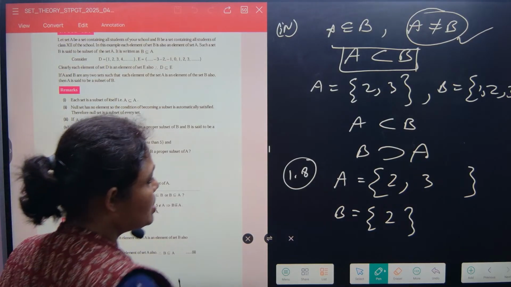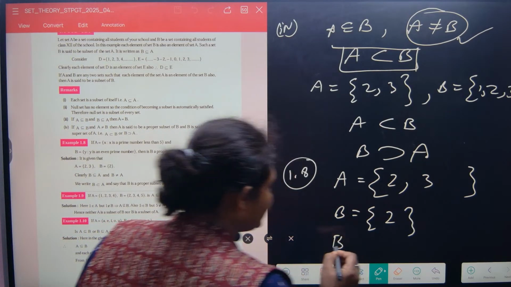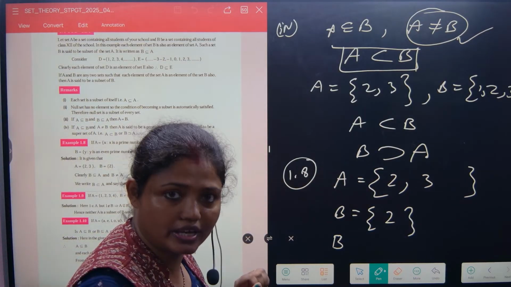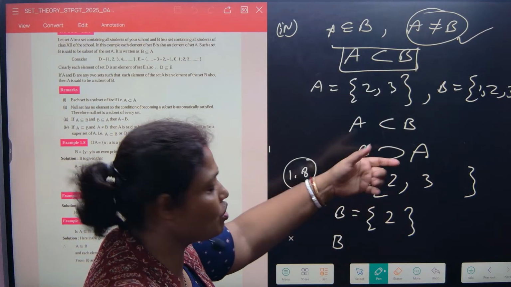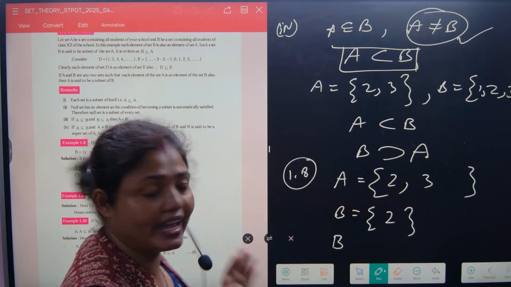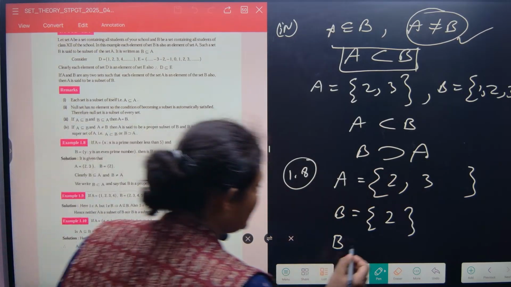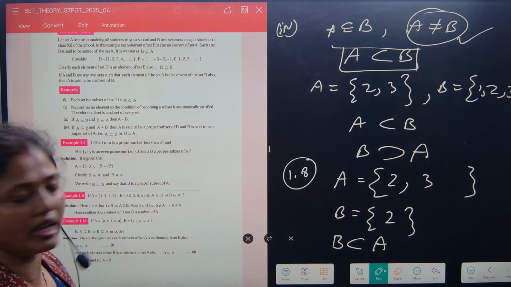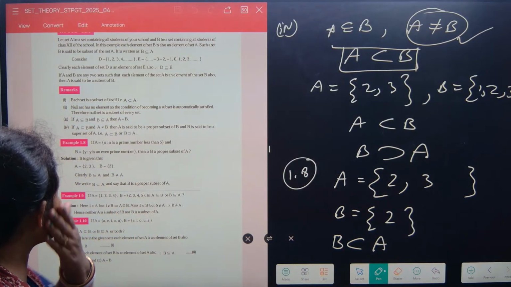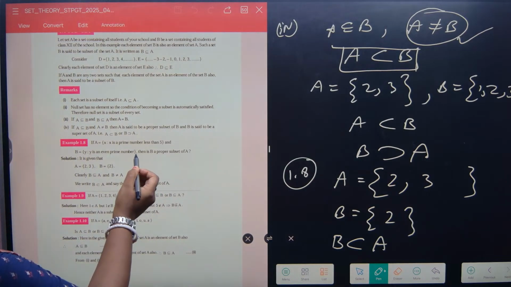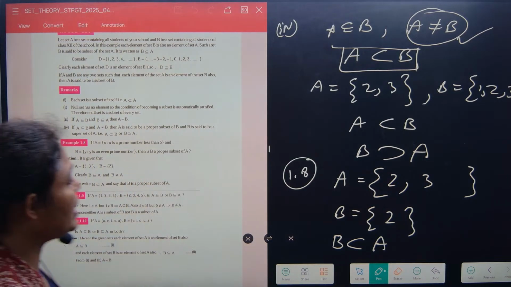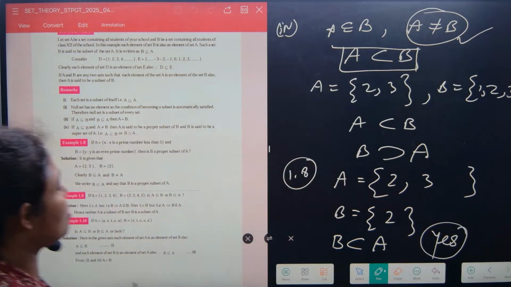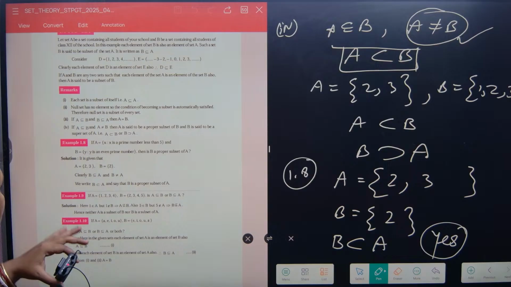So you can write that the elements of B are fewer than the elements of A, and the elements of B also belong to A, right? So B is a proper subset of A. Okay, 1.8.